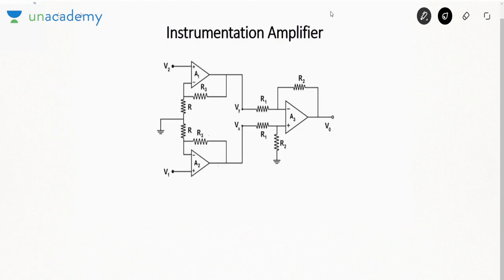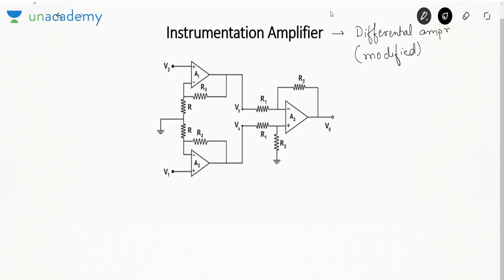The next application is called as instrumentation amplifier. Now this instrumentation amplifier is also a differential amplifier but it is a modified version. How it is modified? There are two more op-amps connected at the input terminals.